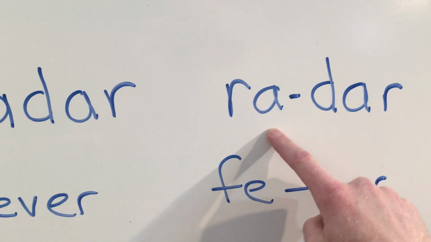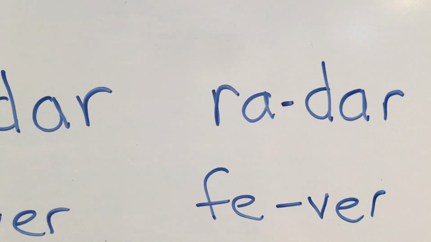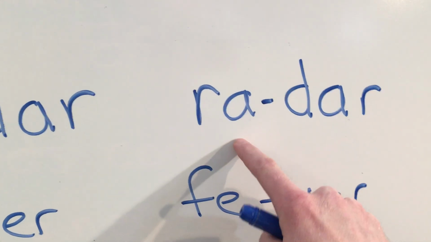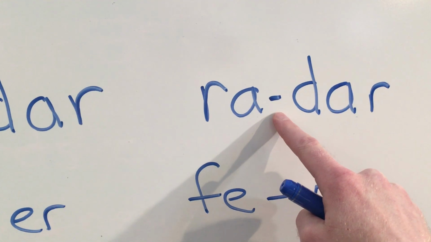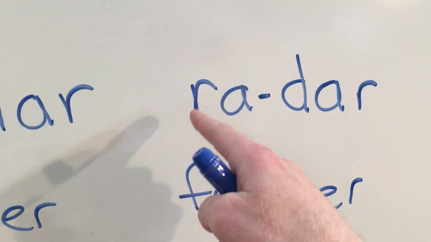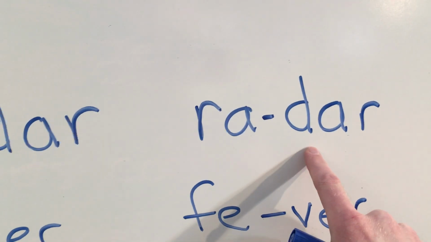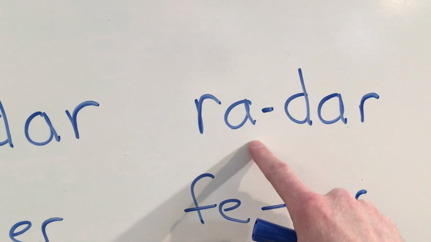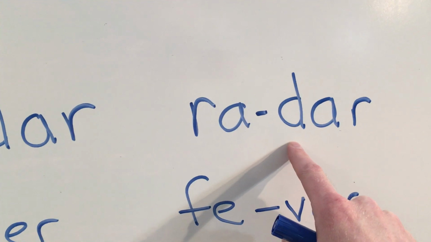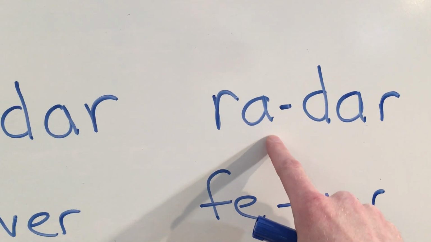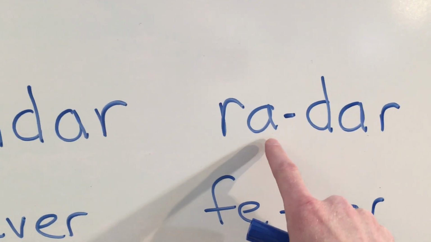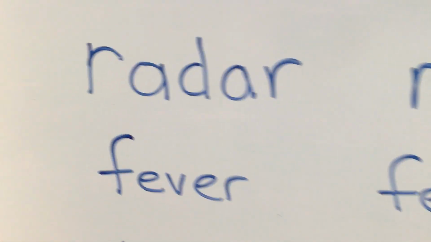Ray, A. Since there's a long A sound and there's no vowel blocking it off at the end of the first syllable, we know there's a D, but it's not part of that first syllable, so it doesn't technically block it off. That means this guy here is an open vowel and it'll make its own name.